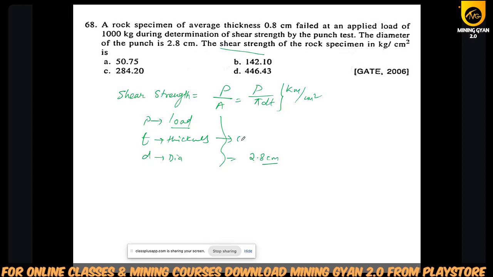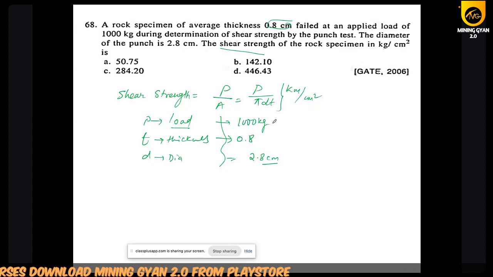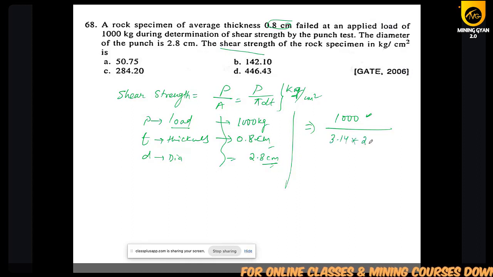And thickness he has provided us 0.8 centimeter, and load he has given us 1000 kg. Okay, and our unit is also kg per centimeter square. So this is centimeter, this is centimeter, so we do not need to convert to meter or mm. So the P value is 1000 divided by pi, which is 3.14, and d diameter is 2.8, and the thickness, which is 0.8.